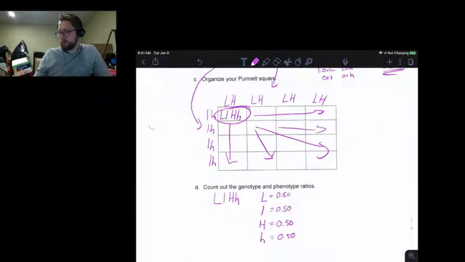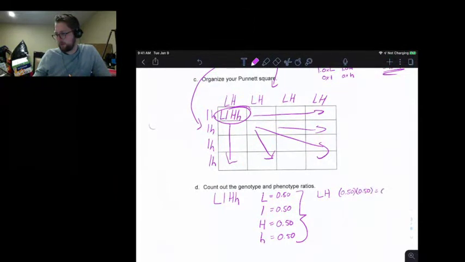So how many of them have this form? Well, this would be 0.5 times 0.5, and that gives us 0.25.